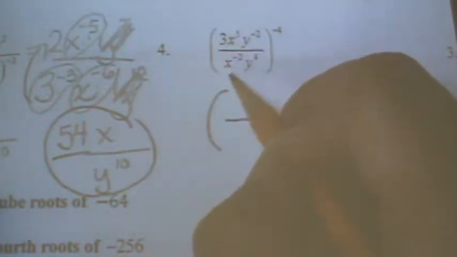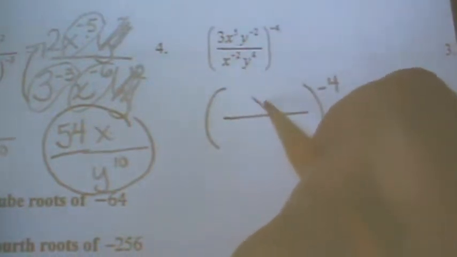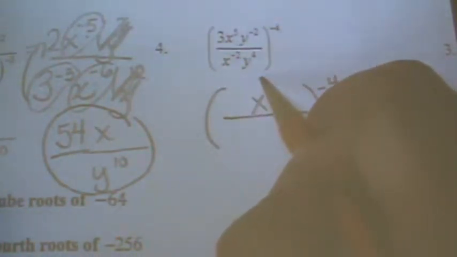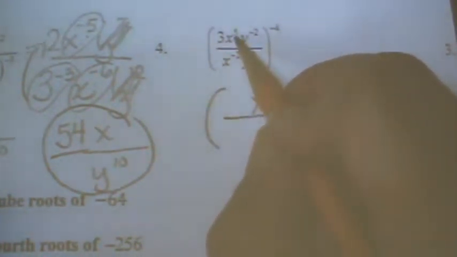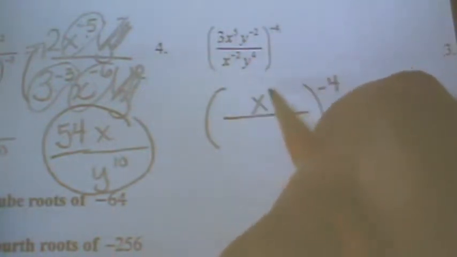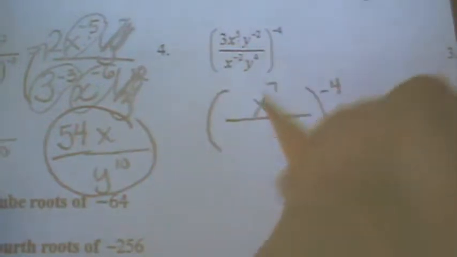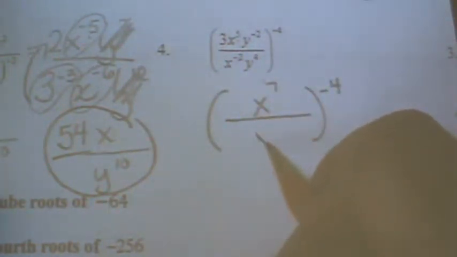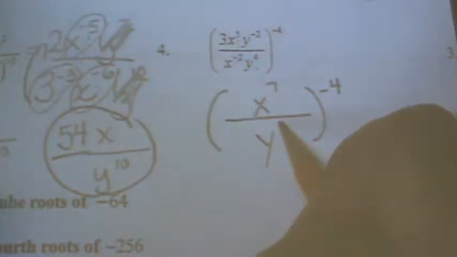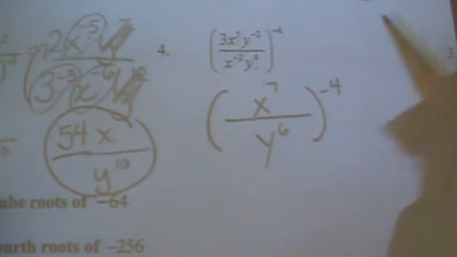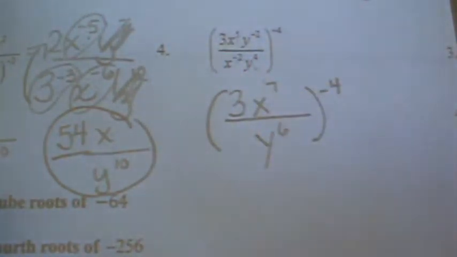So what do we end up having as far as x's go? X to the 3rd? This is gonna come up here. You've got 5, right? X to the 7. Yes. Now see this y to the negative 2, it's gonna come down here. So how many y's do I have? 2. 2 with 4 already, so that's 6. And now this 3 is just gonna stay there.